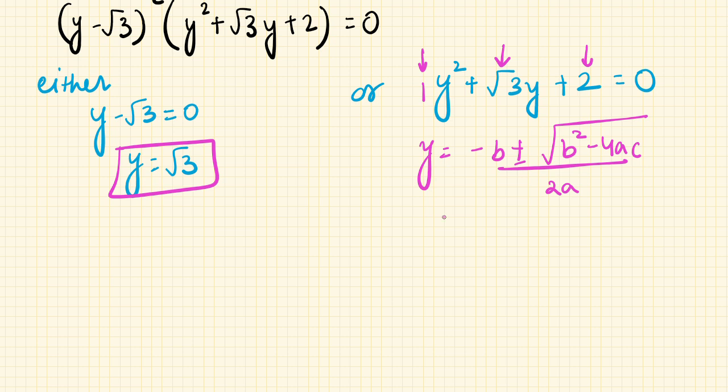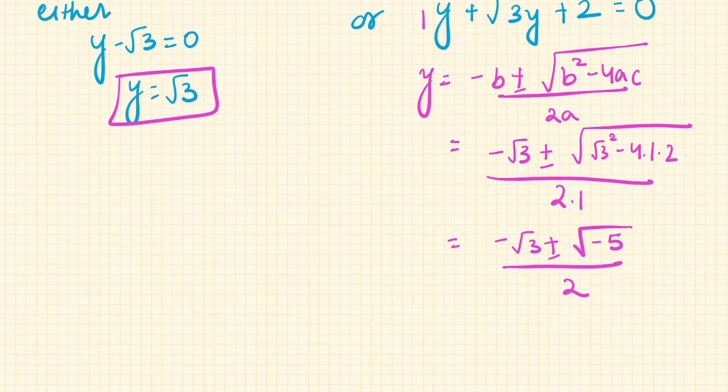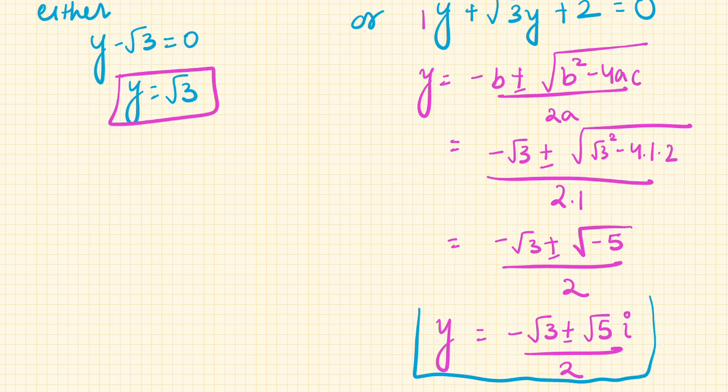So minus root 3 plus minus root of root 3 squared minus 4ac over 2 times 1. Then this becomes 3 minus 8, so minus 5 under the root over 2. For now I'm just taking it as complex. So this came out to be my other two y's, right?